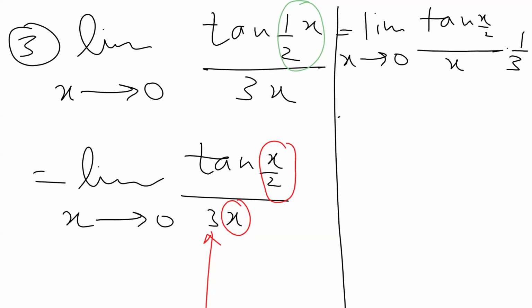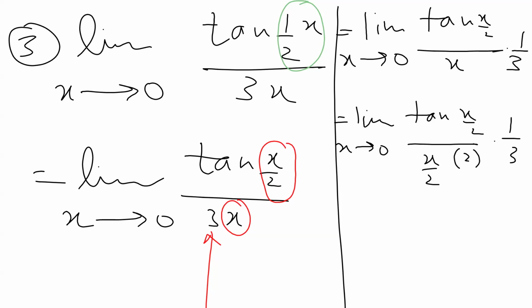And in the next step, I'll make it x by 2. Multiply and divide by 2. But this time, this 2 is supposed to be written over here so that we can cancel it. You don't have to cancel, but that 2 is adjusted over there.